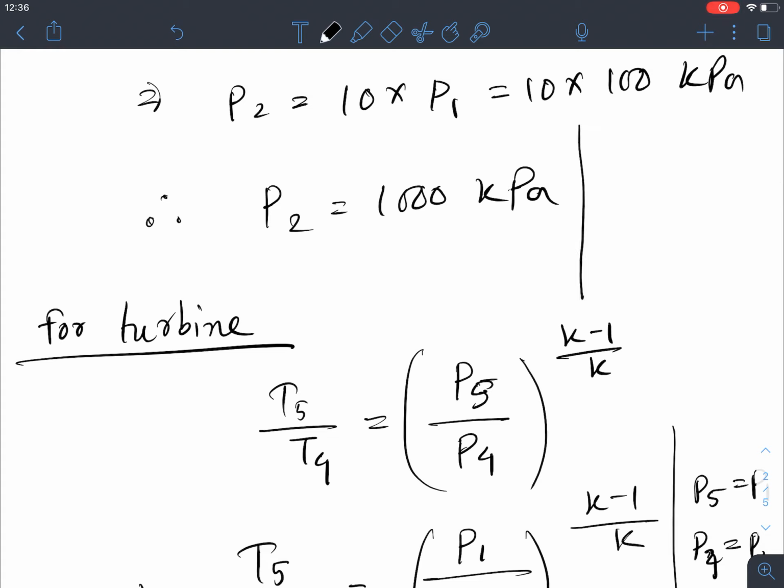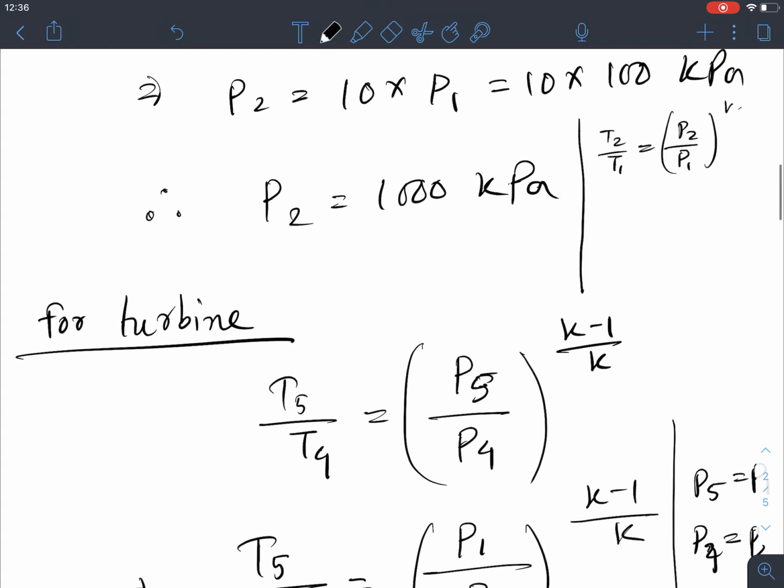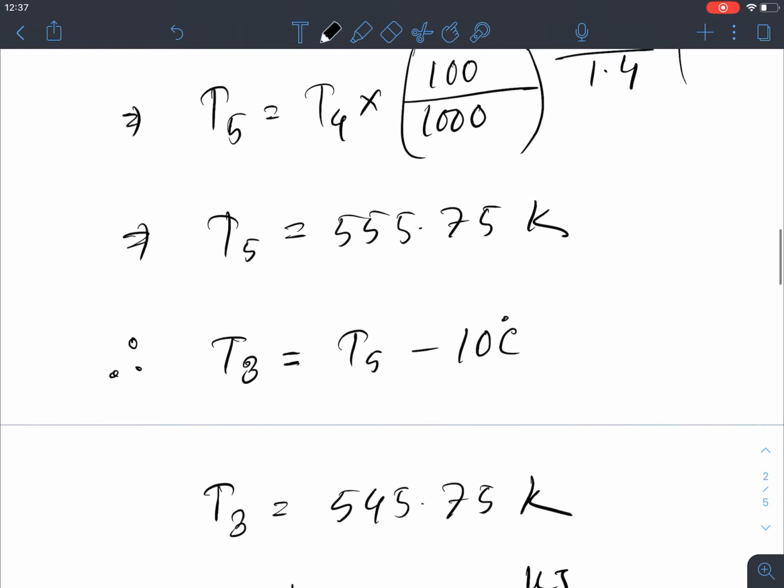For the isentropic case, T2 divided by T1 equals P2 divided by P1 to the power K minus 1 divided by K. So T2 equals T1 times the pressure ratio of 10 to the power 1.4 minus 1 divided by 1.4, and we know that T1 equals 303 Kelvin, right? So T2 will be 585.001 Kelvin. So that's our T2.